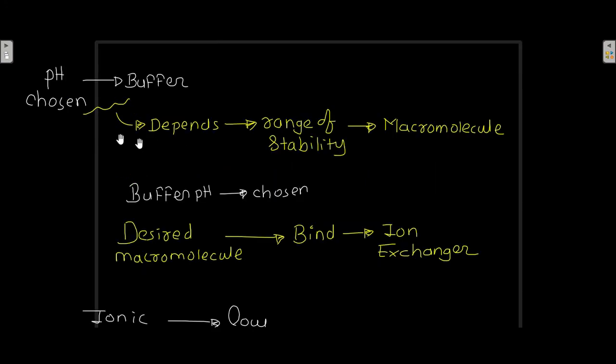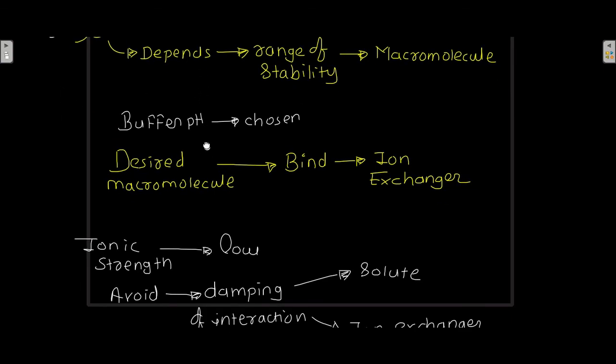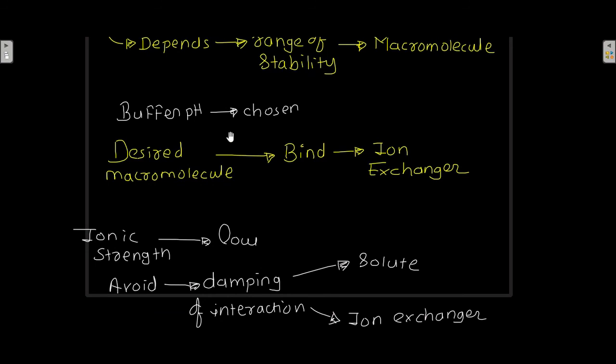Now the pH chosen for the buffer first of all depends upon the range of stability of the macromolecule. What is the range of stability? In which pH range is the macromolecule stable? On that you will choose the pH of the buffer. That is the primary thing. Now the buffer pH is also chosen so that the desired molecule binds the ion exchanger.